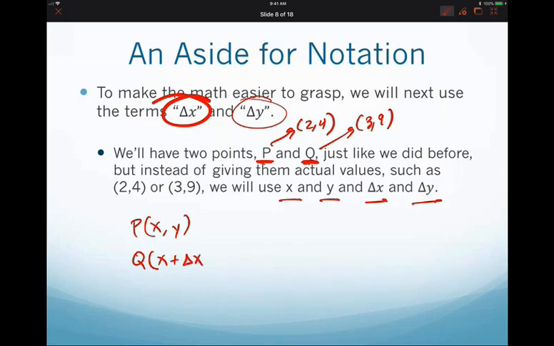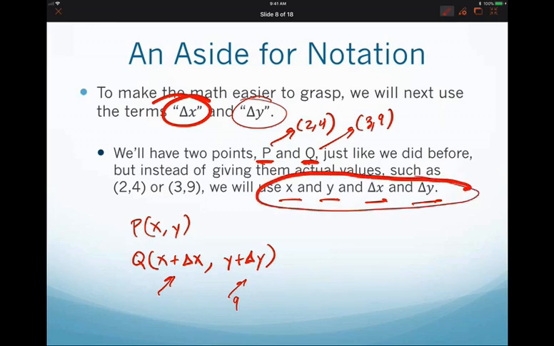So x plus delta x is the x coordinate of Q, and y plus delta y is the y coordinate of Q. So this part is like our 3, and this part is like our 9. You would essentially have 2 plus 1 and 4 plus 5 on the right-hand side here. So that's what we're going to do. We're going to switch to this notation just because it makes the general functional form a little bit easier to write.